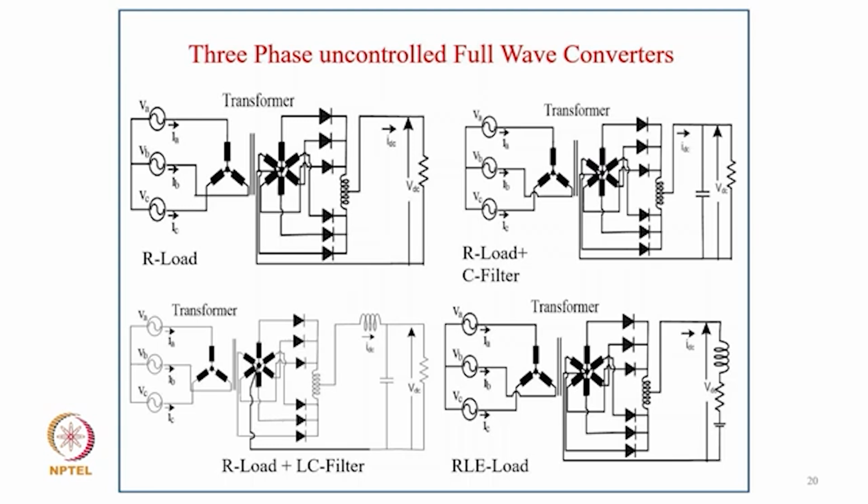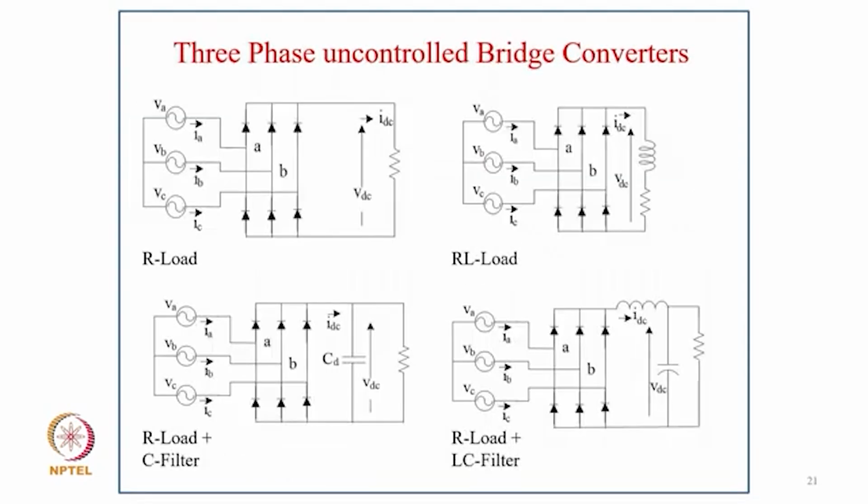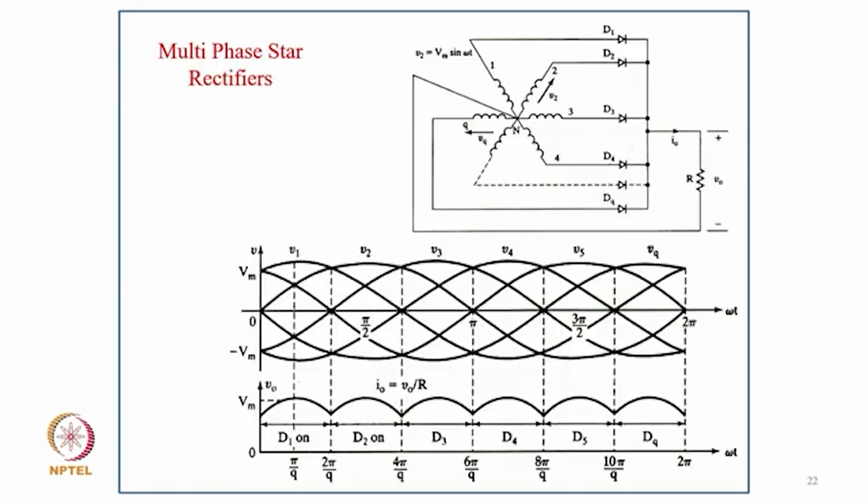Then similarly we have a 3-phase full-wave converter with resistive load, then capacitive filter with R load, then LC filter with resistive load, and then RLE load. Similarly, we have a 3-phase uncontrolled bridge converter with resistive load, RL load, then capacitive filter with resistive load, and then LC filter with resistive load.